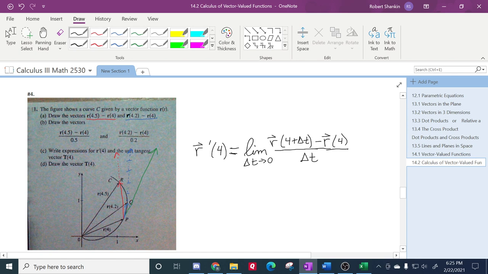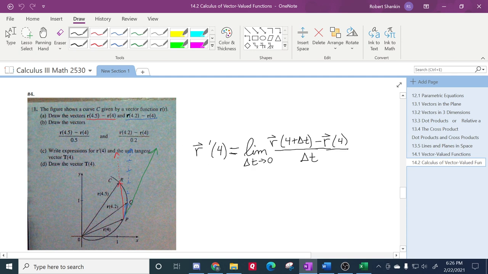But we can still see that when the delta t was 0.5, we multiplied by 2, and when it was 1/5, we multiplied by 5, but we're getting a constant. The length is going to stabilize, and the direction is going to get closer and closer to this direction right here.